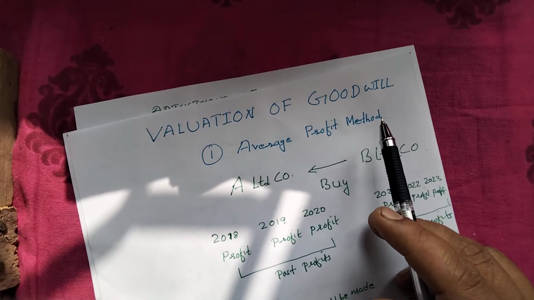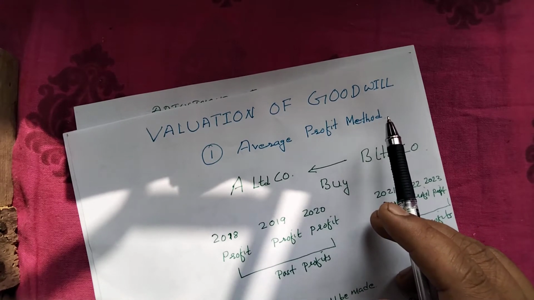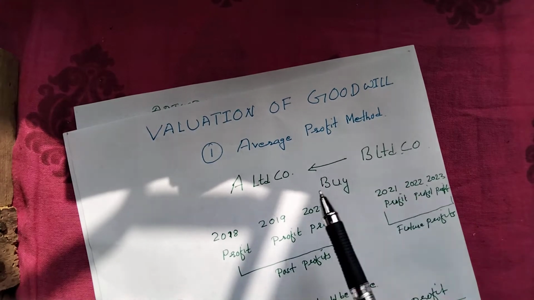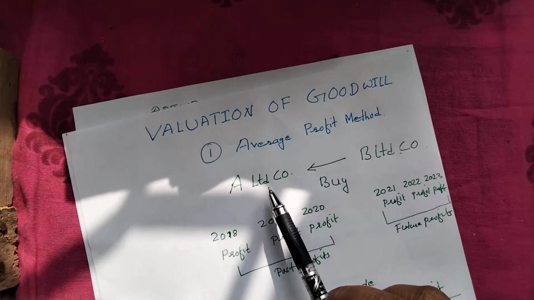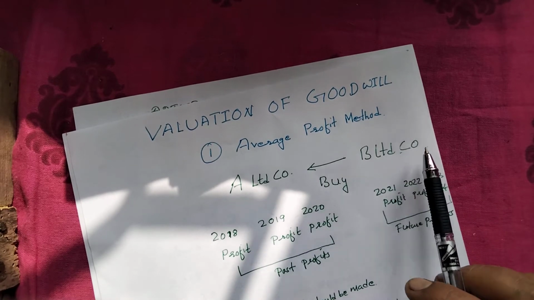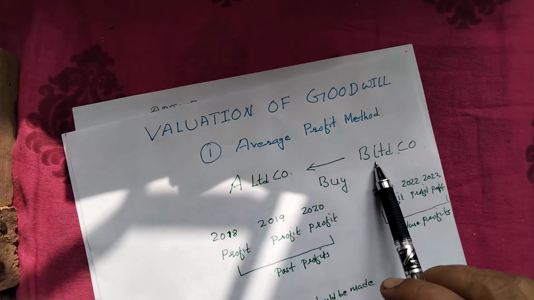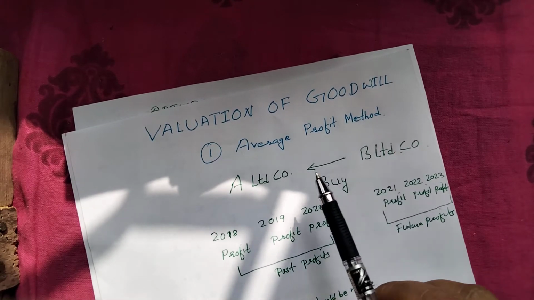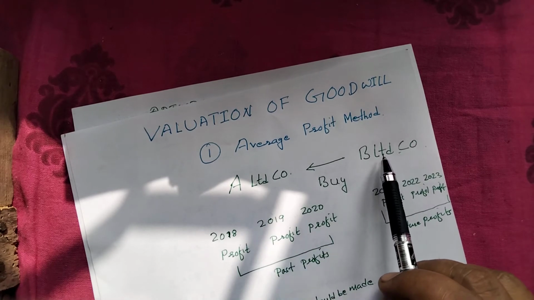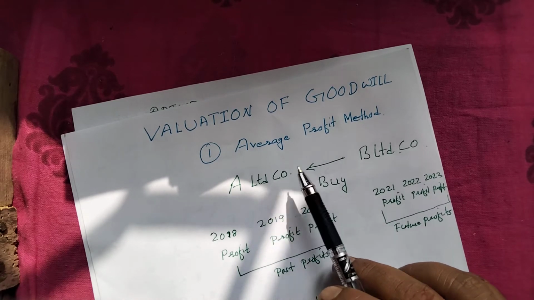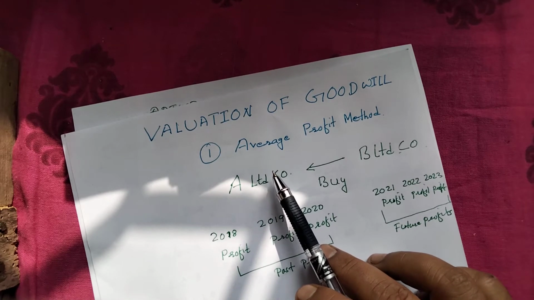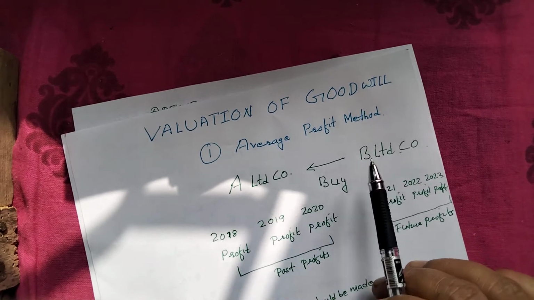How are you going to calculate goodwill under the average profit method? Suppose we have two existing companies, A Ltd and B Ltd. Now B Ltd is going to purchase A Ltd. While buying A Ltd, it has to give a purchase consideration that includes net assets value as well as goodwill value.